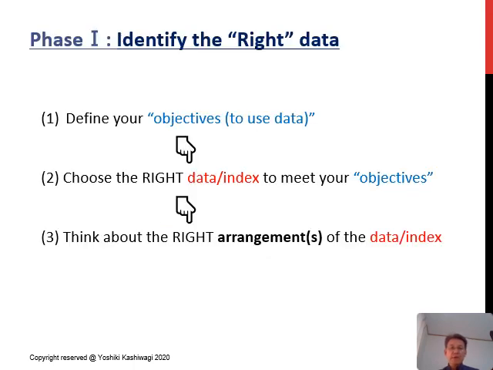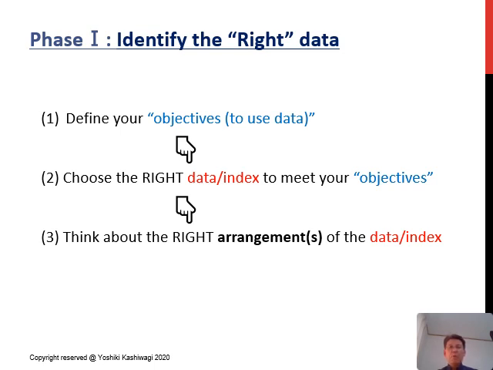In phase 1, as already told you, we have mainly 3 steps. The goal is to identify the right data and then make a right arrangement. The first step is define your objectives. Today, we already defined them in the coming slides, so no worries about this.